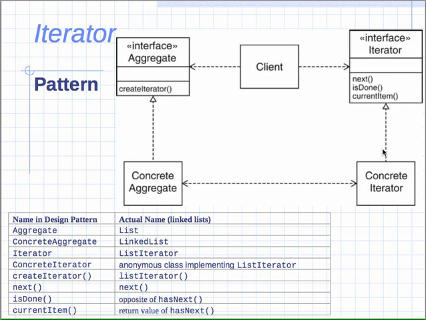Concrete iterator implements the iterator interface, since this is an interface. And concrete aggregate, for example, linked list, implements the aggregate interface. And these might depend on each other. That is, this aggregate will probably have local variables or method parameters of this type.